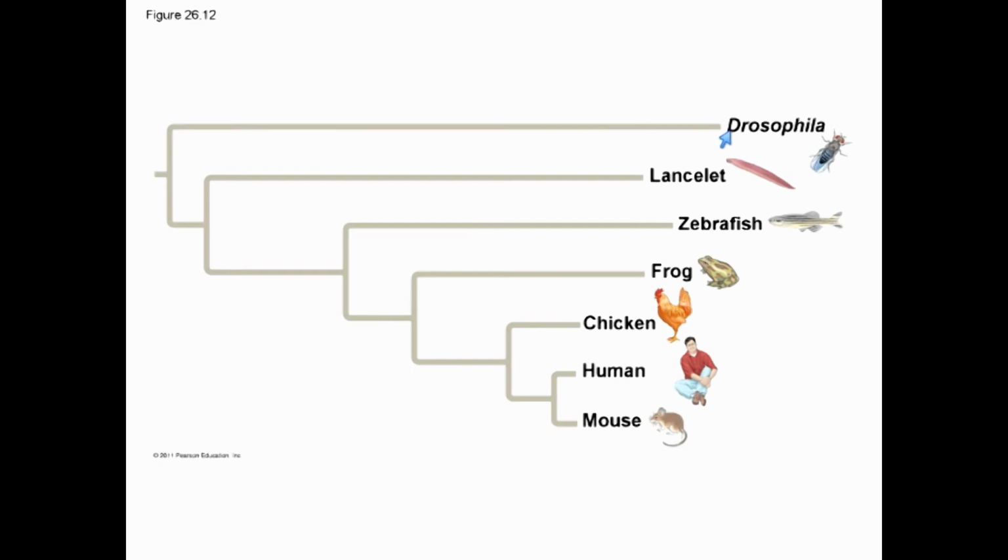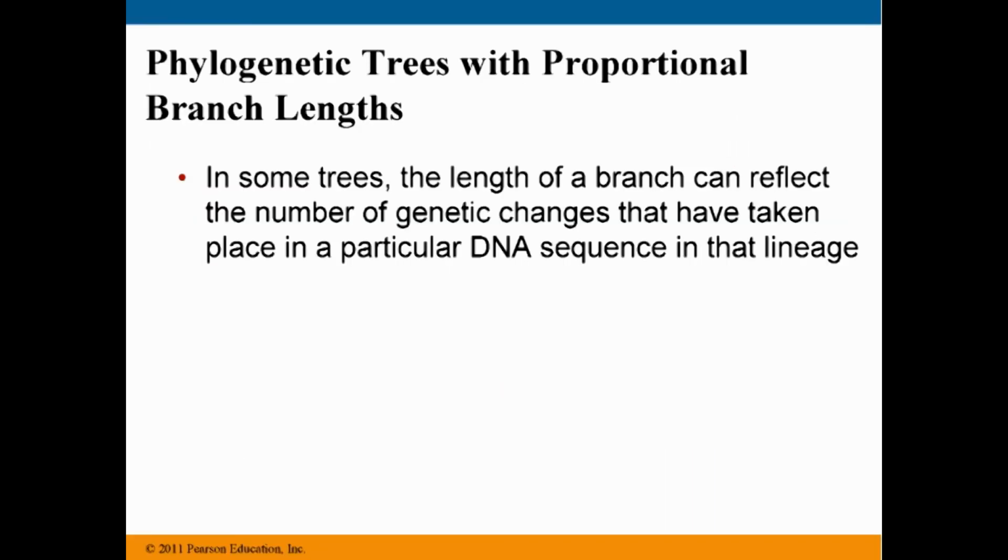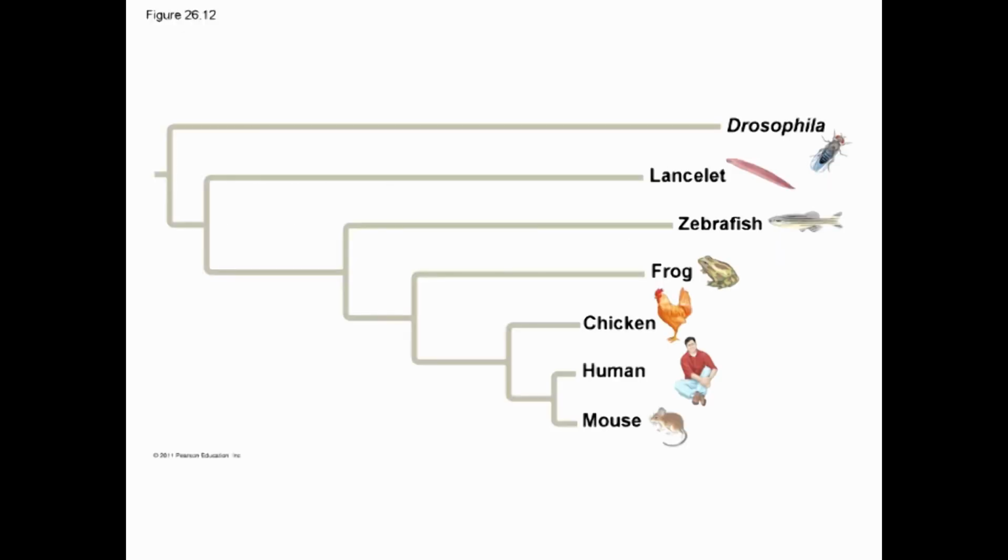Okay, the length is showing you the differences, if you will. Let's back up just a little bit. The length of the branch can reflect the number of genetic changes that have taken place in a particular DNA sequence. Okay, so here we've got the fruit fly.